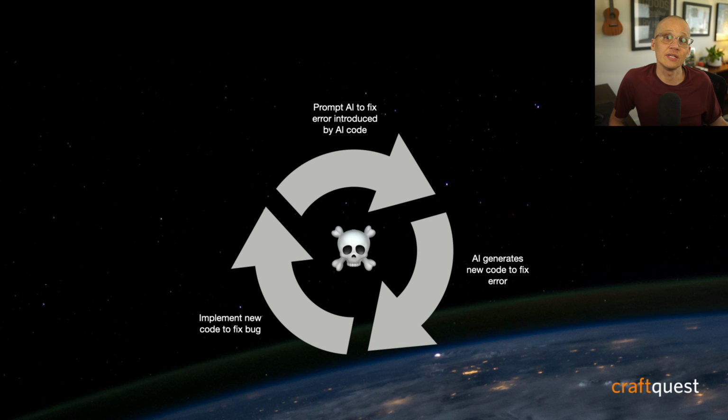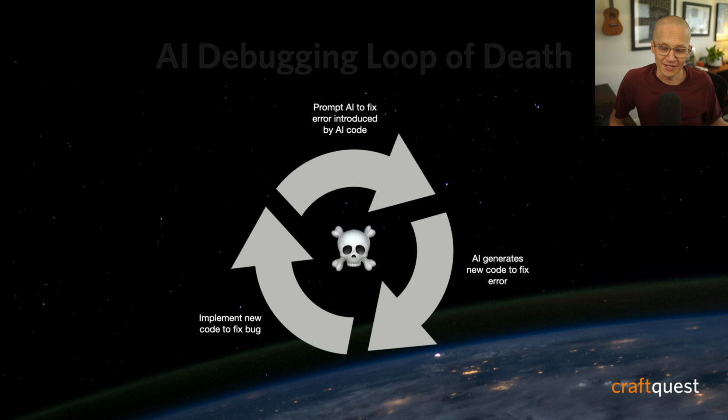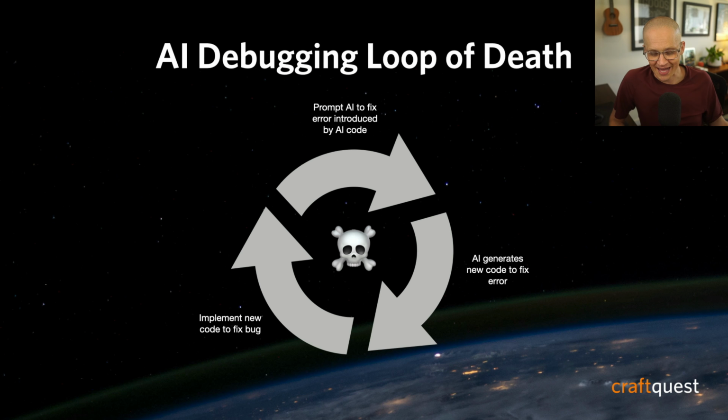I mentioned the debugging loop of death. So the AI debugging loop of death has probably happened to you if you've ever gotten to that outer circle, is that you prompt the AI for some code and it spits that out to you. Now, let's say you're out in that outer circle and the AI has generated code that doesn't work.